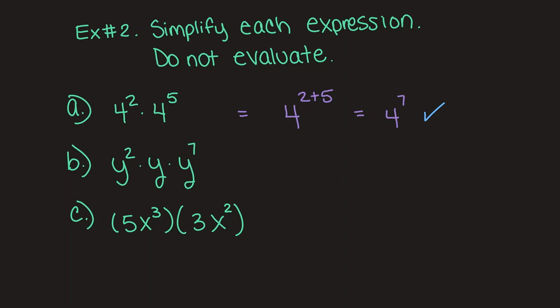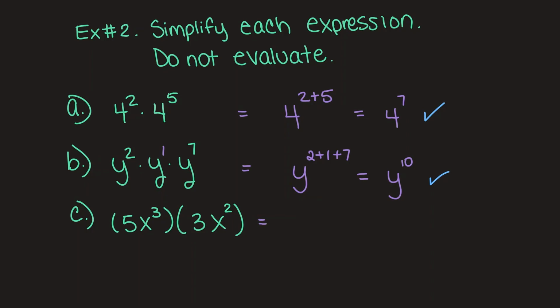For the second one, we can also use our product rule. This factor has an exponent of 1, so we can write this in if it helps. So this simplifies to y raised to the 2 plus 1 plus 7, since we're keeping our common base and adding the exponents. And this will give us y to the 10th power.